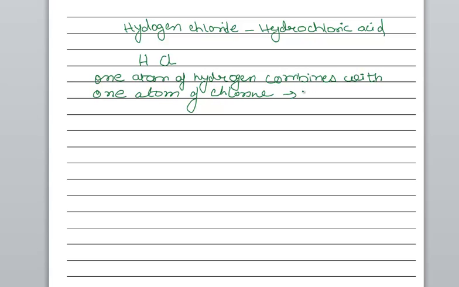To form hydrogen chloride. So, the first step is write the symbols side by side. Now, the second. How many atoms of hydrogen are there? 1. Write it as a subscript. How many atoms of chlorine are there? 1. Write it as a subscript and your formula becomes HCl.